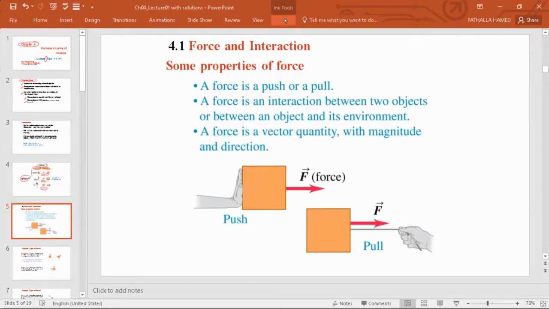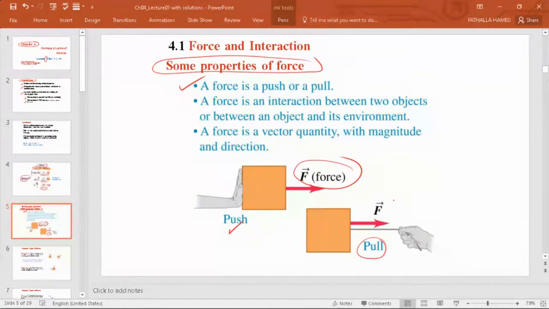Here we're going to deal with some properties of a force. A force is a push or a pull. So you have an object here, and you're pushing on the object by applying a force, or you're pulling on the object by also applying what? Applying a force. So a force is always a pull or a push, and this is what you do with contact forces.